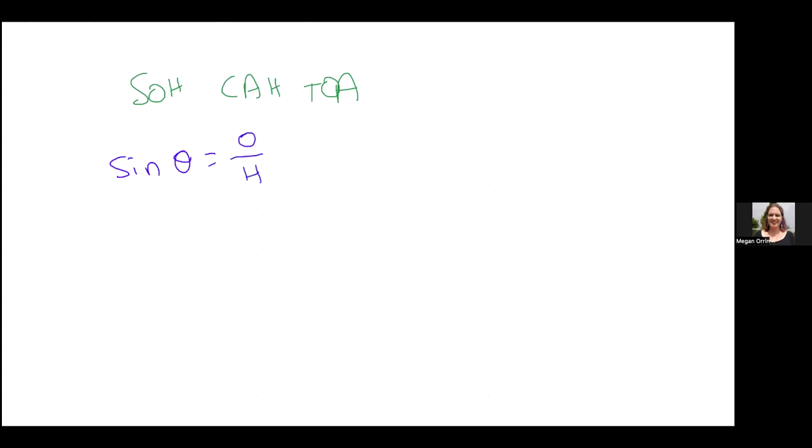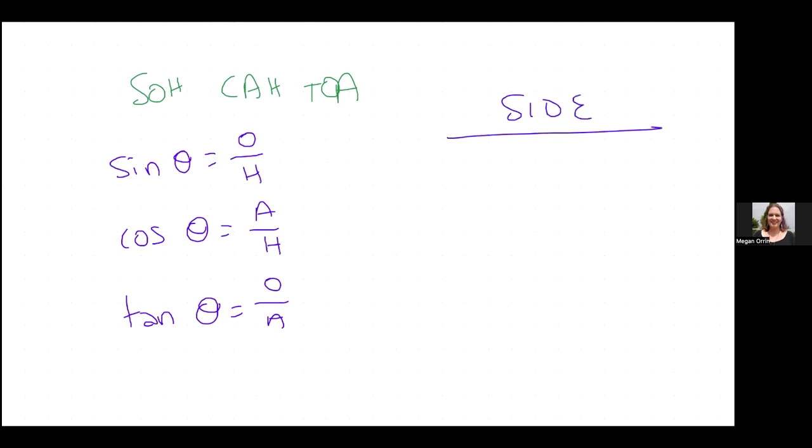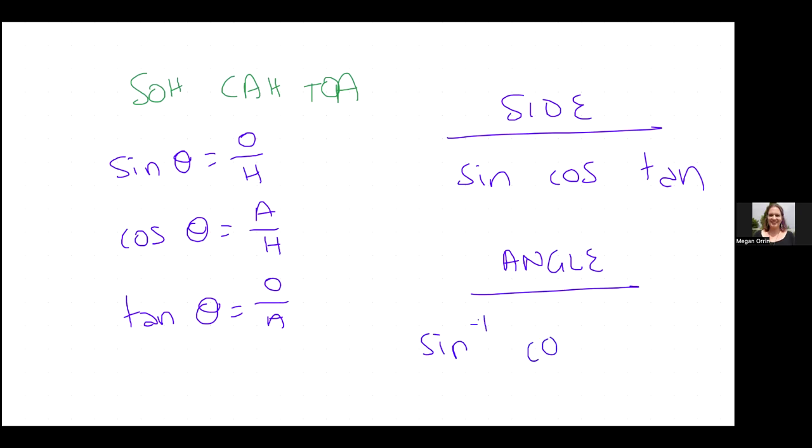Cosine of the angle is adjacent over the hypotenuse and tangent of the angle is opposite over adjacent. If you are ever finding an unknown side, you are using sine, cos, and tan. If you are ever finding an unknown angle, you are using inverse sine, inverse cosine, and inverse tangent. That's how you know which one to use.